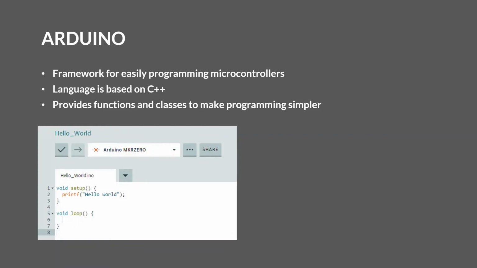Arduino have produced what's referred to as a framework, which is used for easily programming your microcontrollers. Normally in a microcontroller, you have to deal with setting and resetting registers and setting bits high and low, which can make things quite complex to actually work on.